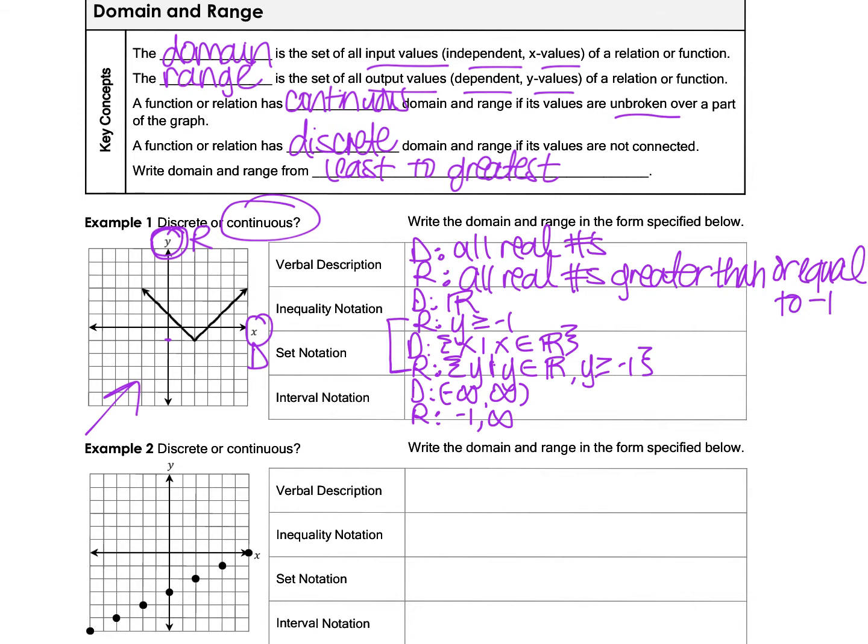So it does include -1, so we're going to put a bracket, and next to the infinity we're always using a parenthesis because it's not stopping. It just keeps going. Okay, so those are the different notations that we're going to be looking at for domain and range. They all mean the same exact thing. So you just need to practice them, and then it should be better.